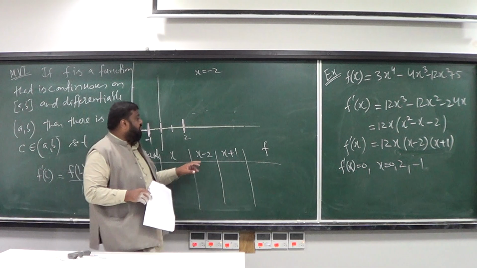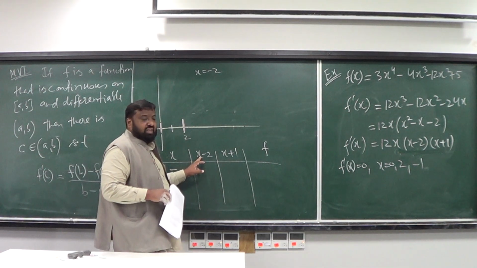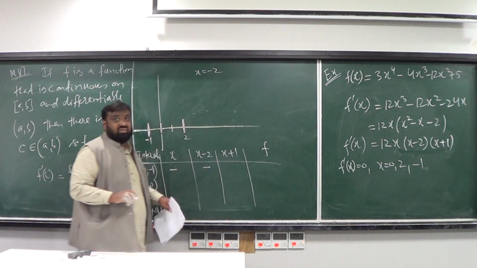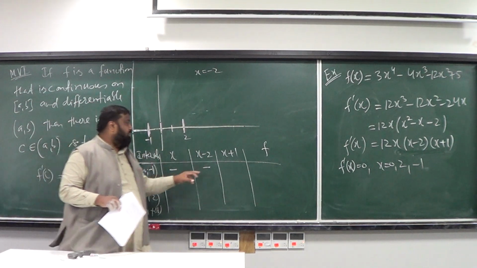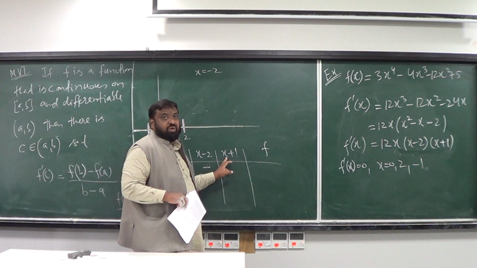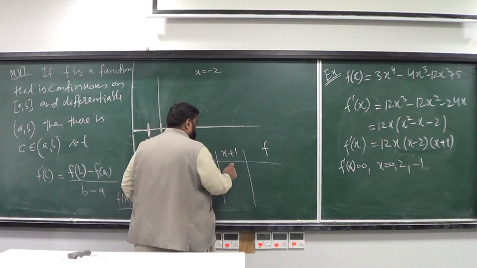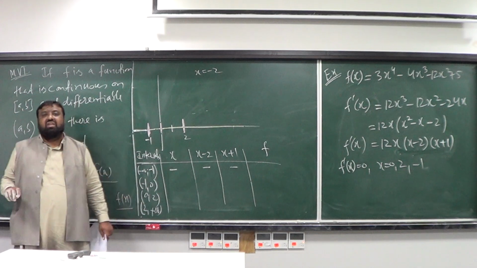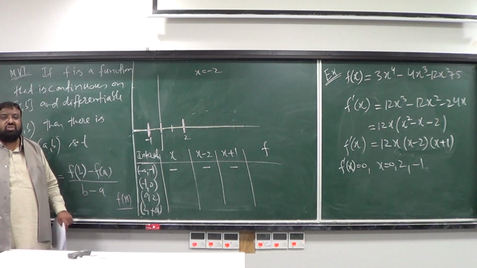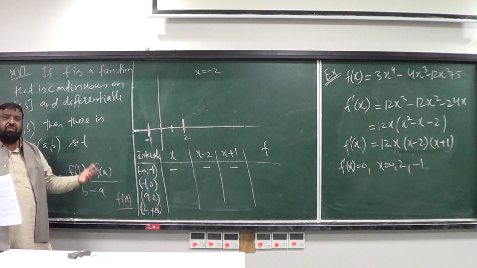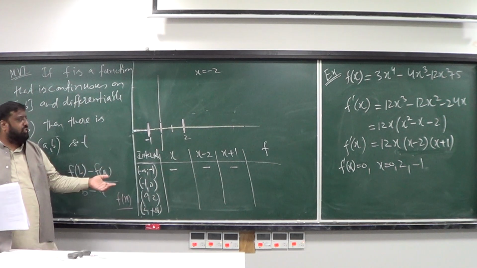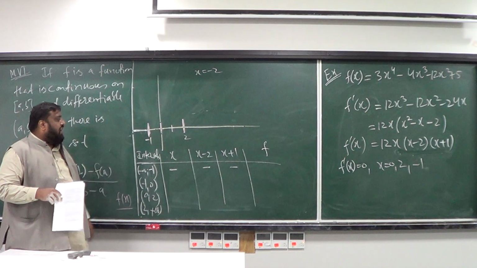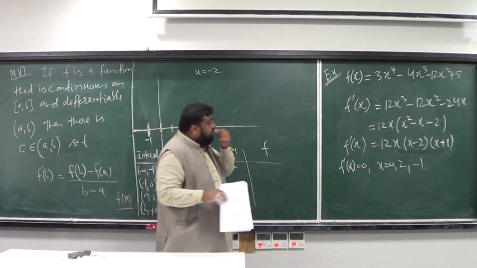If you substitute minus 2 here, x minus 2 is also going to be negative. And if you substitute minus 2 in this interval, this number is also going to be negative. And it's not just true for minus 2, you can put minus 2.5, minus 3, minus 4, this would happen actually.